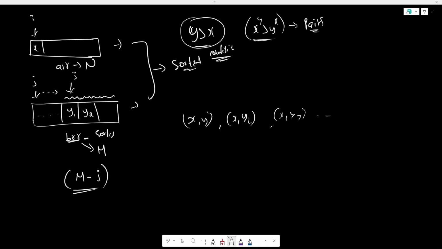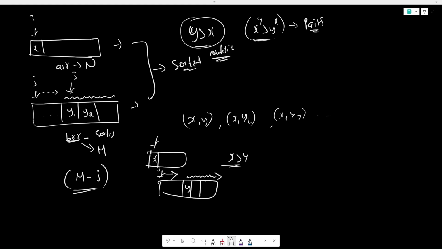That's it. So in these two arrays, every time I will take 2 pointers. For every pointer, I will iterate this i and this j, and I will get to a place where x is greater than y. So in this case, what I can assure is that all the elements to the right side of my y are greater than y.